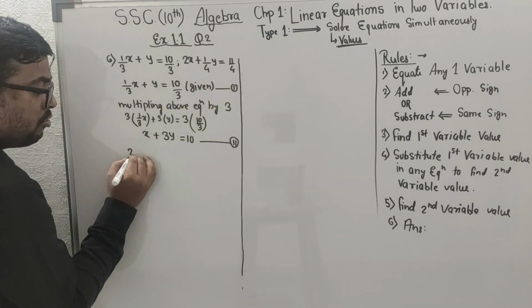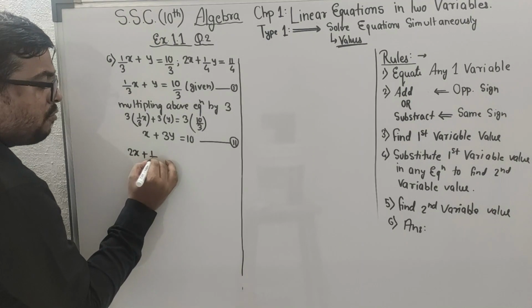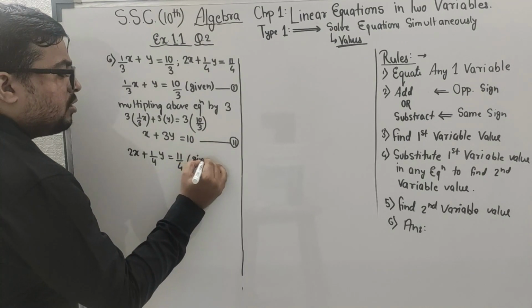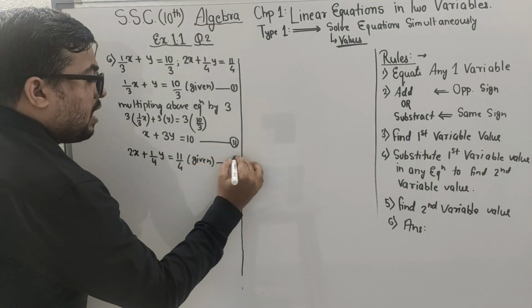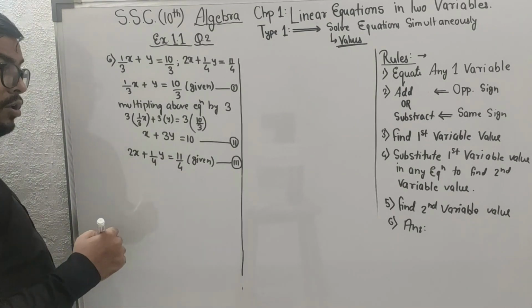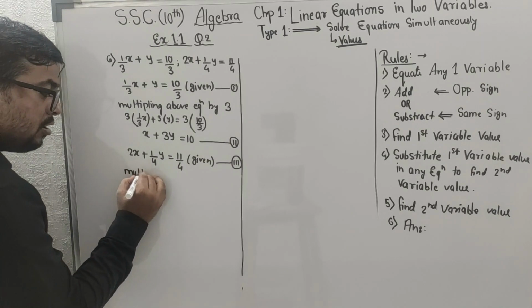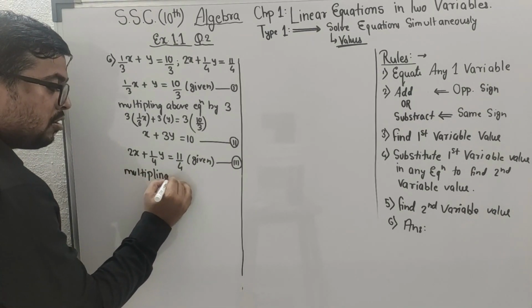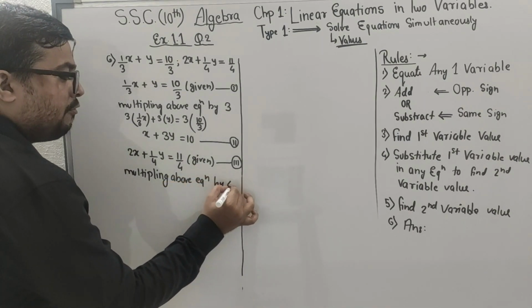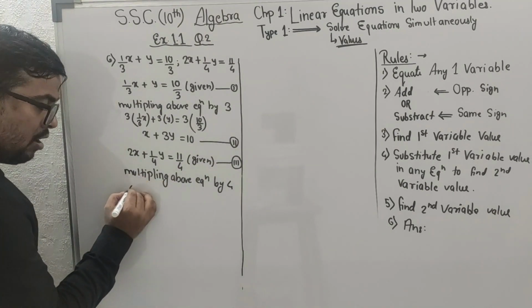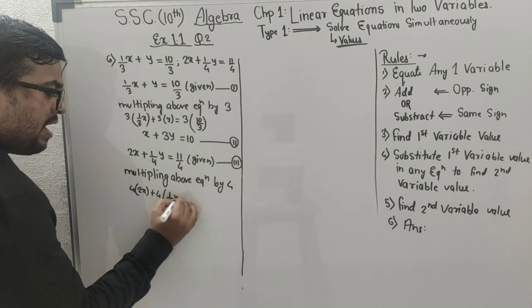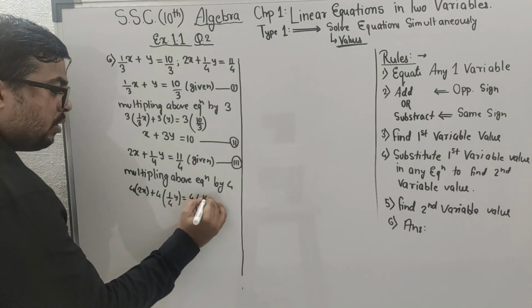Now this second given equation, 2x plus 1 upon 4 y is equal to 11 upon 4. This is your given equation. Consider it as equation number 3. Now you are given the same denominator, so multiply the above equation by 4. 4 into 2x, 4 into 1 upon 4y, 4 into 11 upon 4.